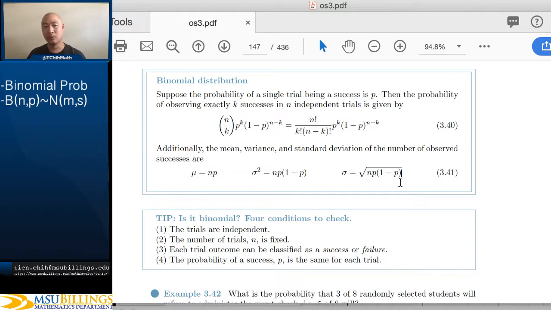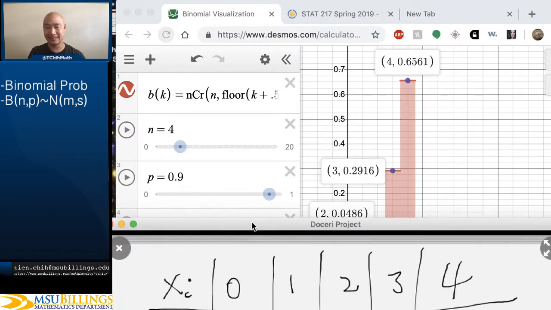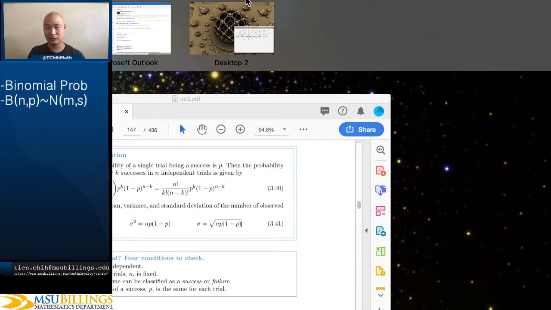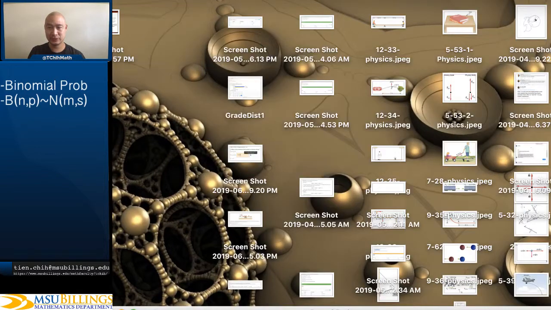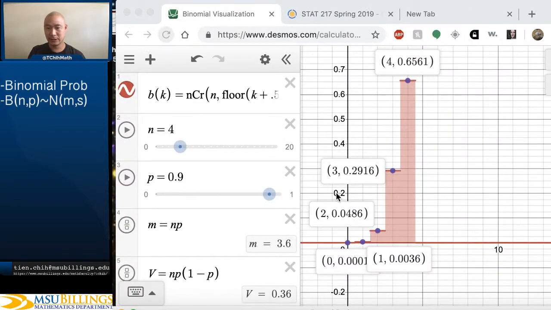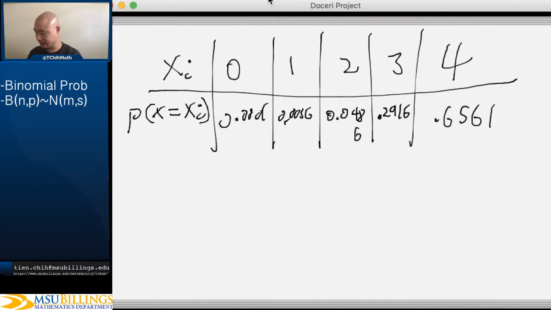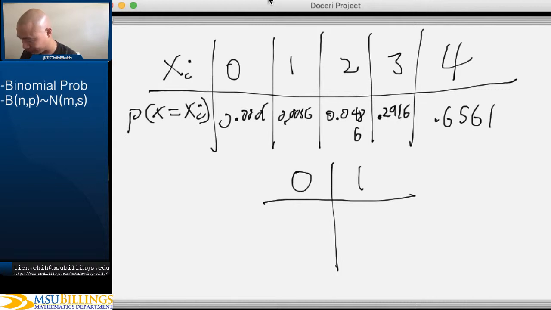If you want to think more deeply about why, say, the variance is np(1 minus p), you should think about the fact that a single basket has a distribution that's something like, if she just shoots one shot, she can make 0 or 1 of them.